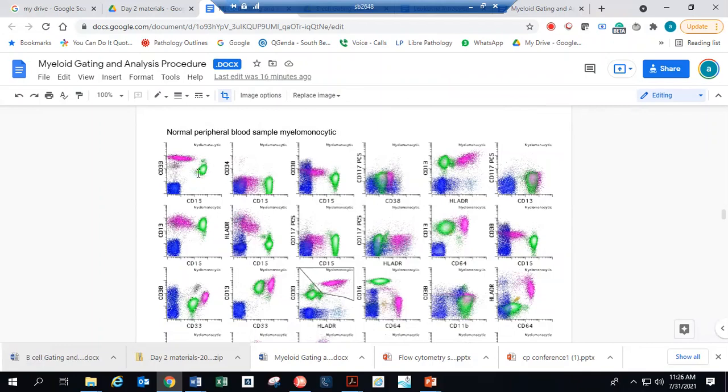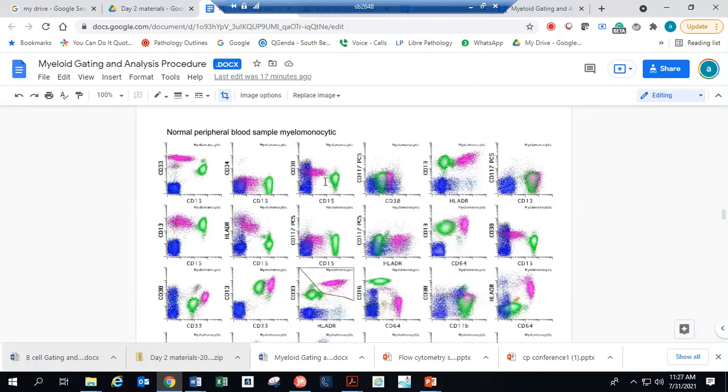The lymphocyte population will be negative. For this CD34, if at all present, there will be some cells over here, which will be less than 1% in the peripheral blood. And again, CD15 bright, middle, and none for here.